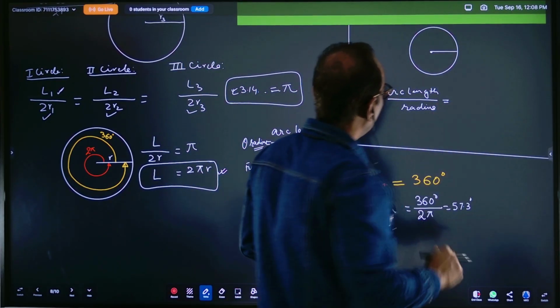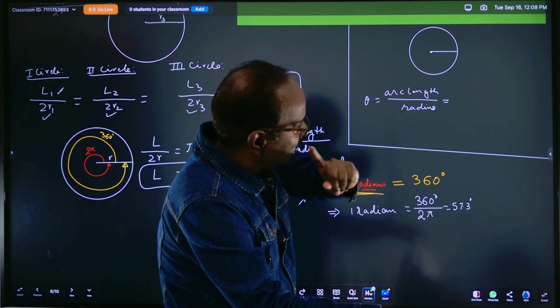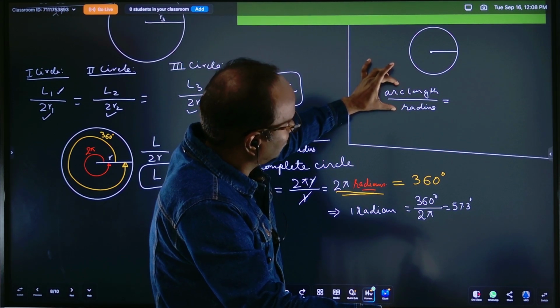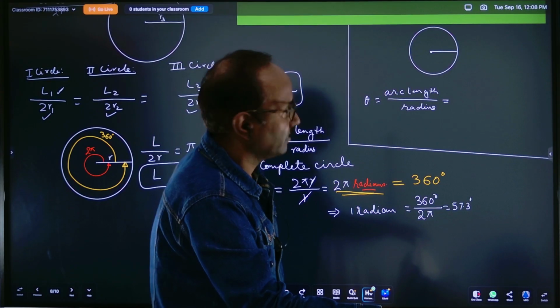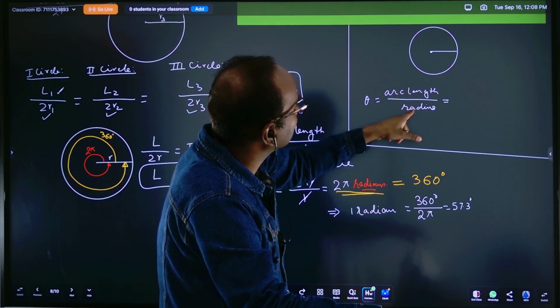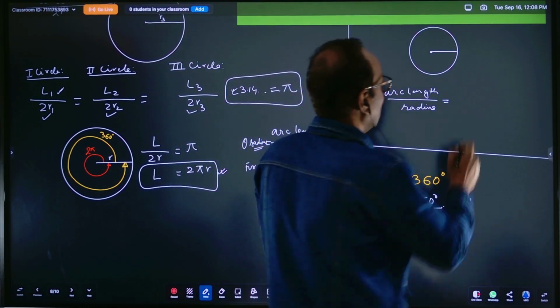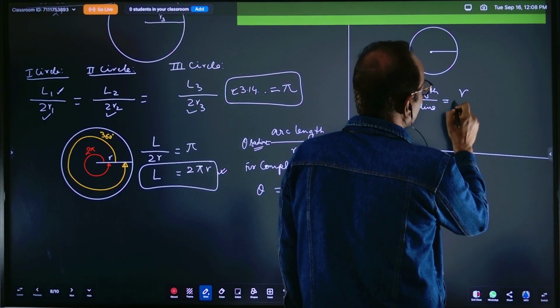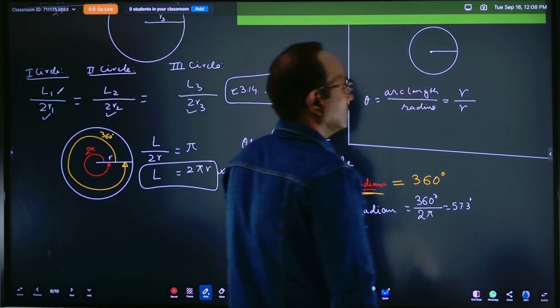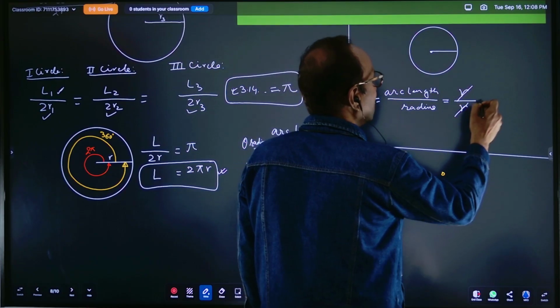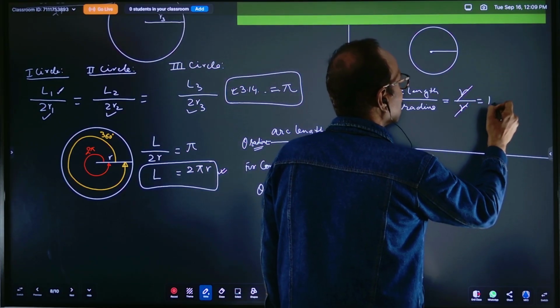Okay, fine. How can you bring this ratio value to 1? So you can say when arc length is equal to the radius, then we will get 1 radian.